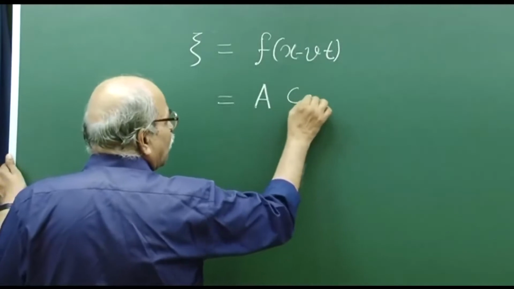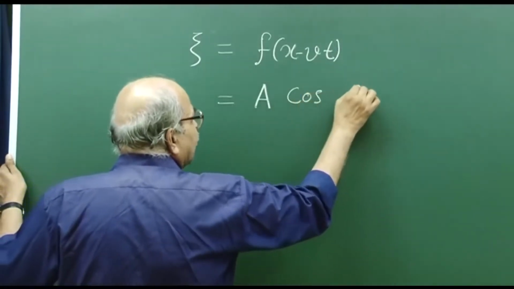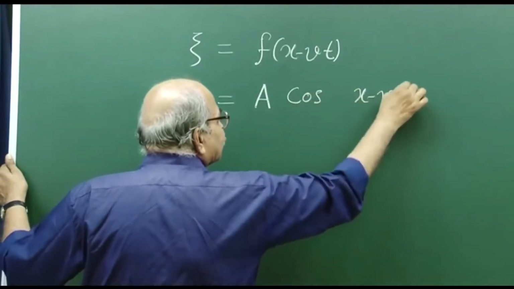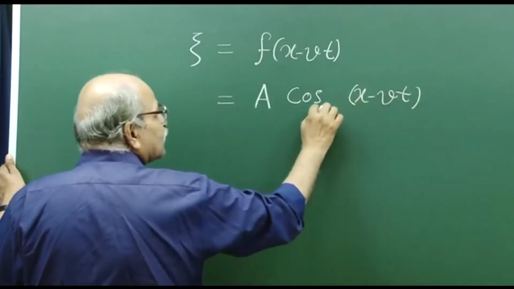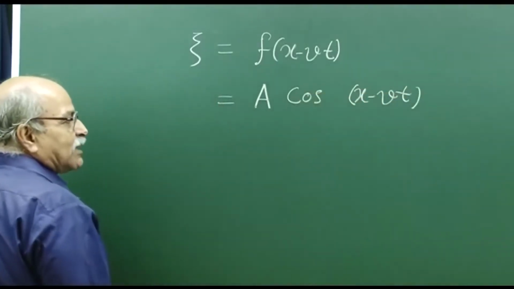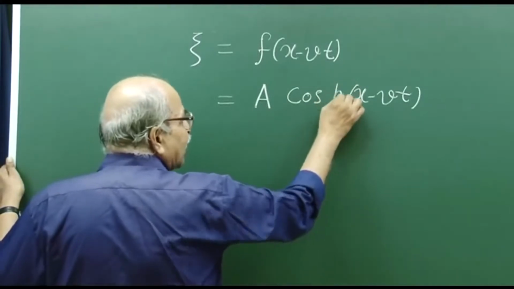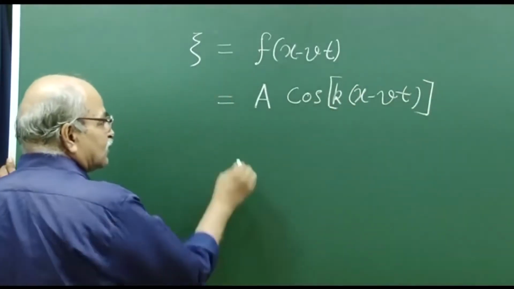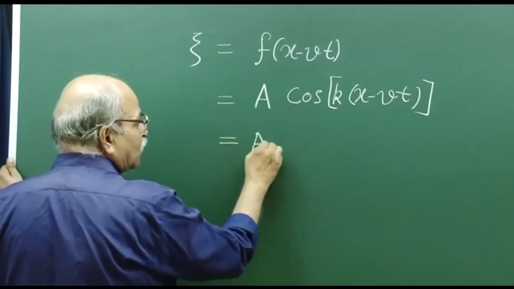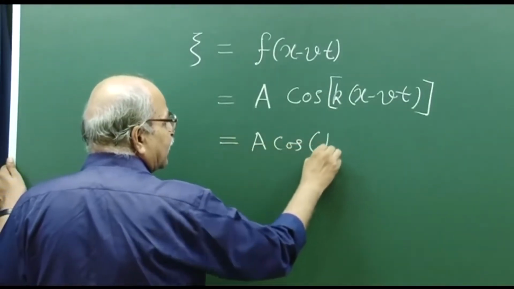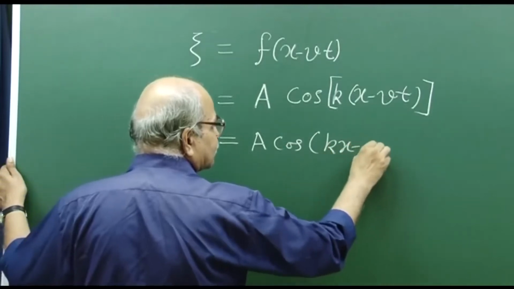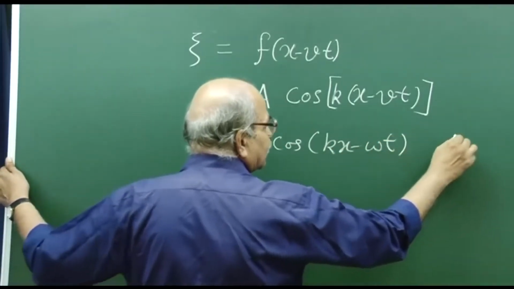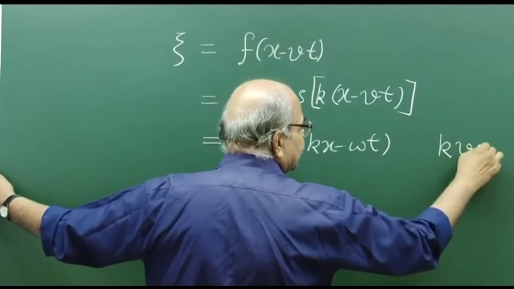So it's, let's say, cos of x minus vt should be there, and dimensionally the argument of cos should be dimensionless. So you should have some multiplying factor here. It's like this, which you can also write as cos(kx minus omega t), where k into v is omega.